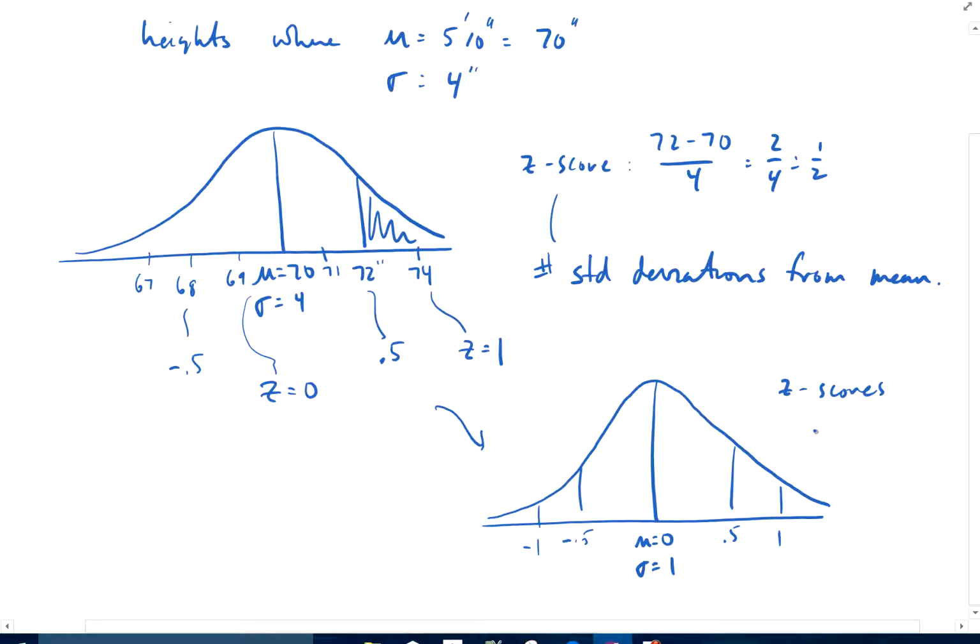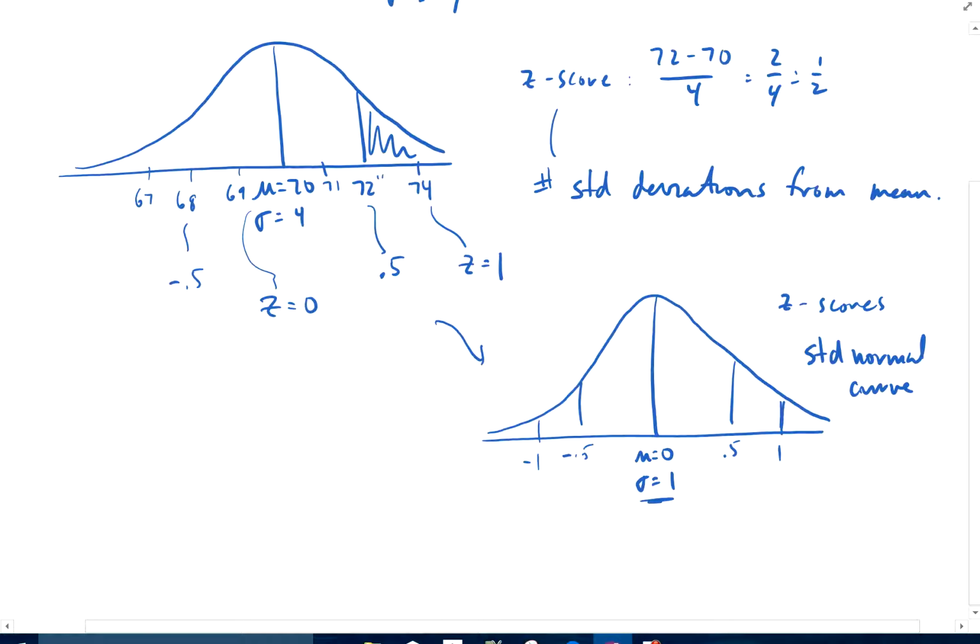This is what we call the standard normal curve. So I have z-scores along the axis here, and since a z-score represents how many standard deviations away I am, a z-score of 1, that's 1 standard deviation away, right? Hence we get the 1 there. Okay, so it's our standard normal curve.